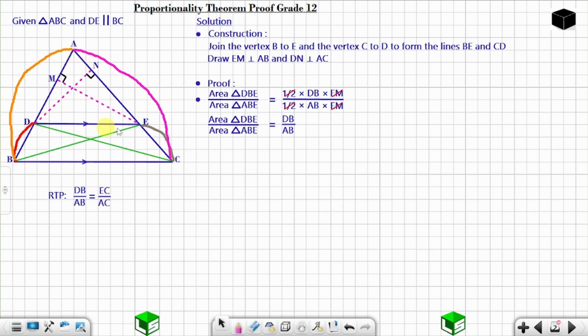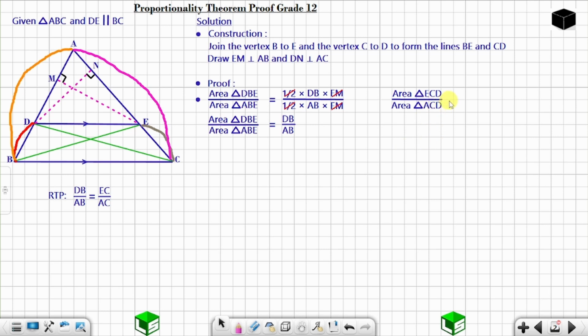So you are going to use the area of triangle ECD over the area of triangle ACD.